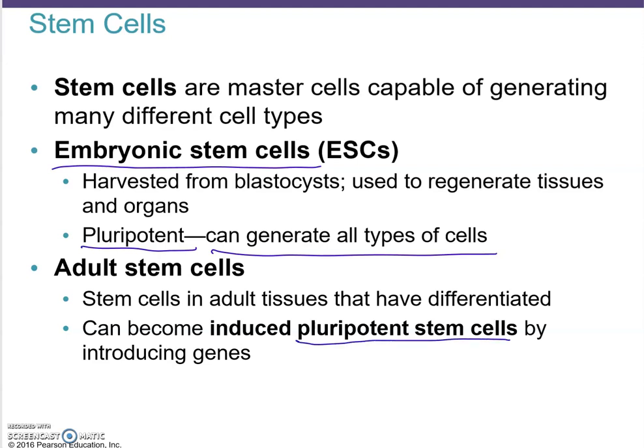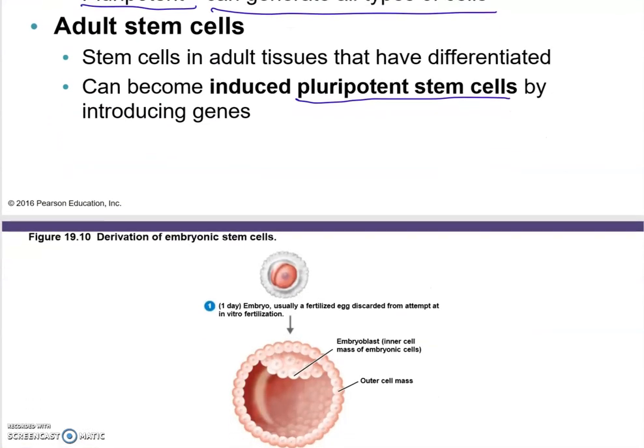That means they can become various types of tissues, but not all tissue types. And so the idea here is, how about if I need a new liver, can I harvest my own stem cells from the liver, adult stem cells, and then grow the liver that I need back? Well, there's some success along those lines, but we're just not there yet. There's a lot of issues surrounding that. But anyway, maybe in the future, stem cells will be the ticket, and then we don't have to worry about long waiting lists for a transplant anymore.